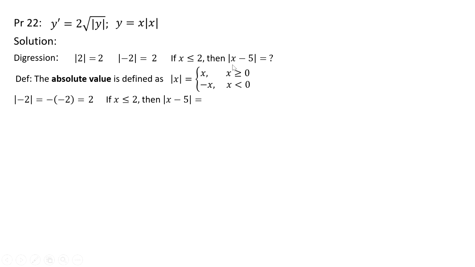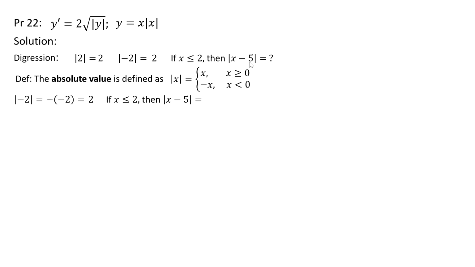When x is equal to 2, we have 2 minus 5 is negative 3. Oh, the quantity x minus 5 is negative. If we pick 1, then 1 minus 5 is negative 4. Oh, 0, negative 5. Oh, that's also negative. So for every value of x less than or equal to 2, this quantity x minus 5 happens to be negative.